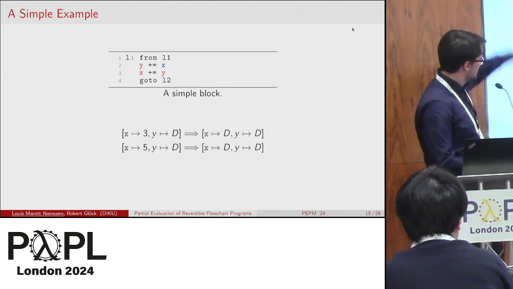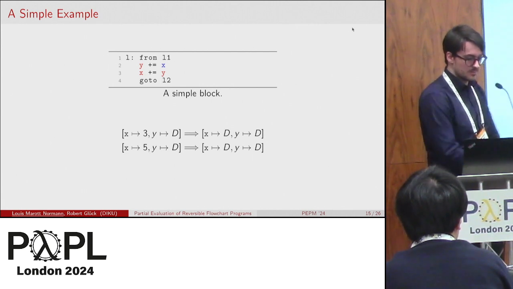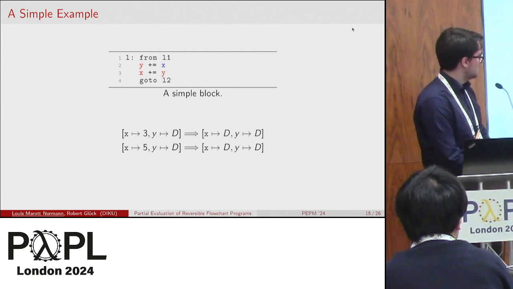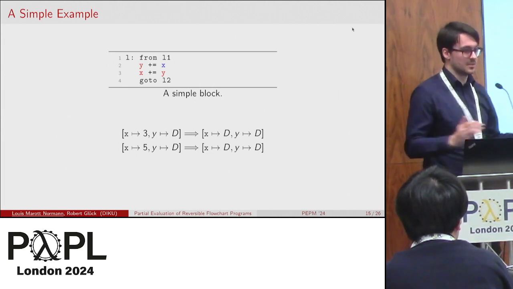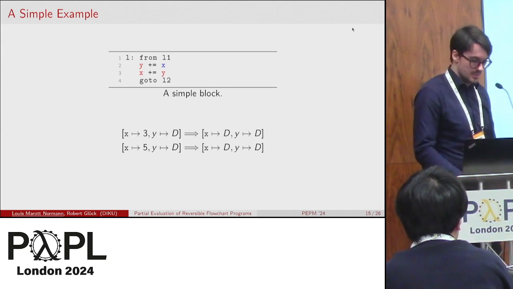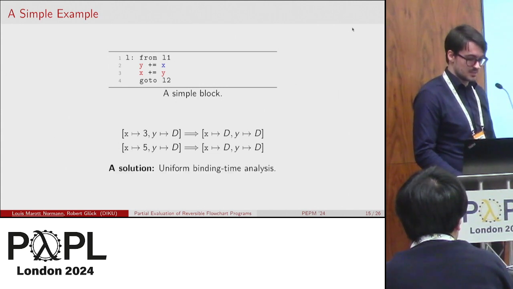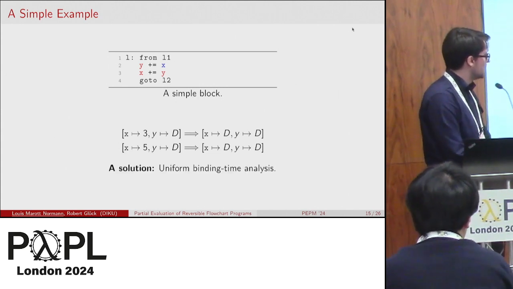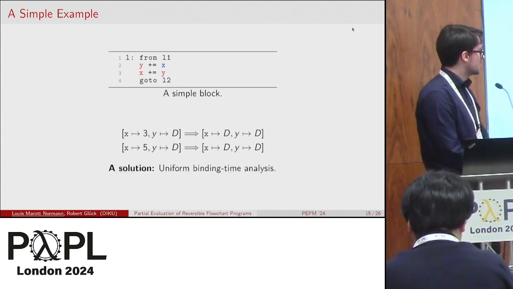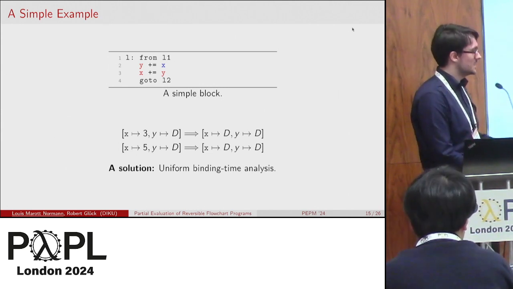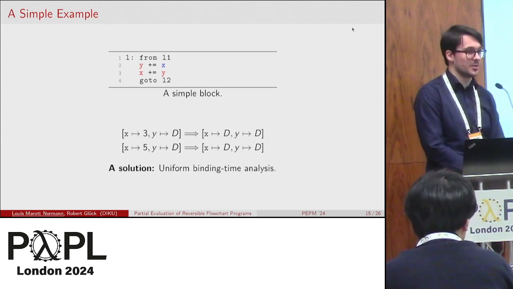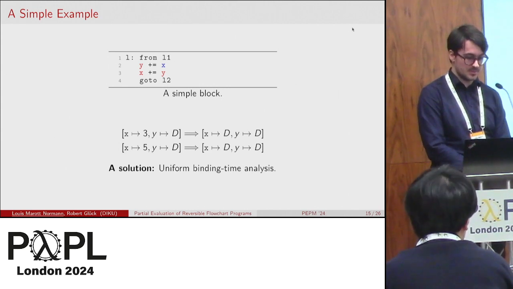So for example, we have the input state x is 3, y is dynamic, and the input state x is 5, y is dynamic. Both of them become the same output state, non-injective, horrible. The solution to this specific instance would then be, for example, a uniform binding time analysis, ensuring that all of the static elements only depend on other static elements.